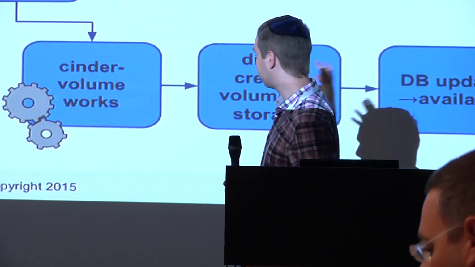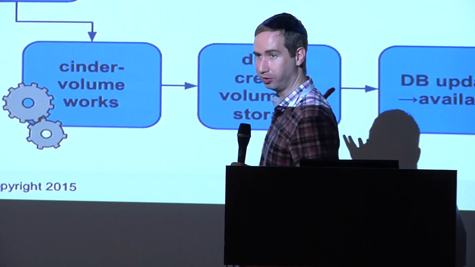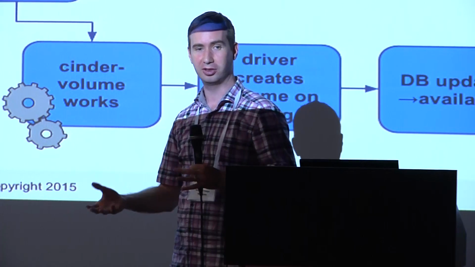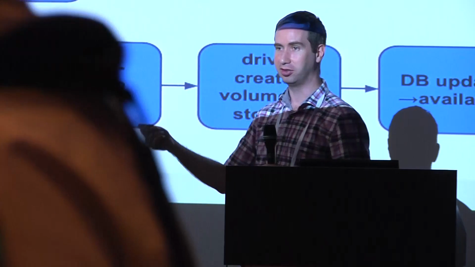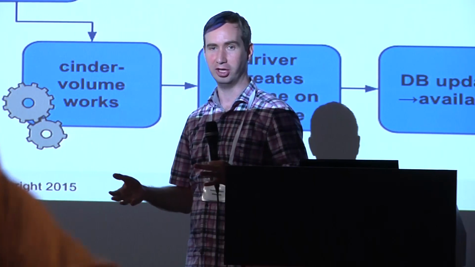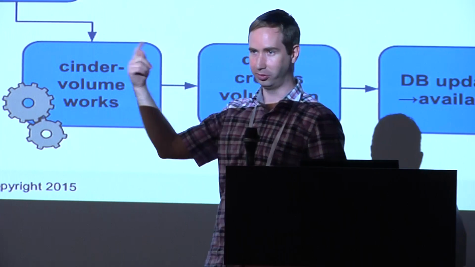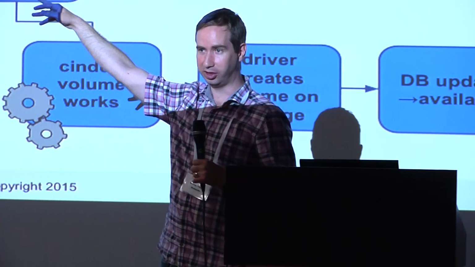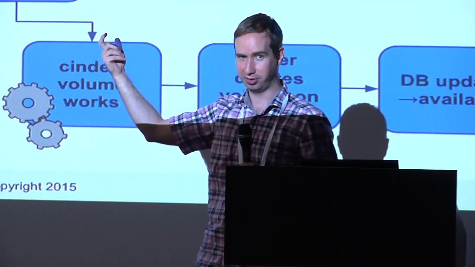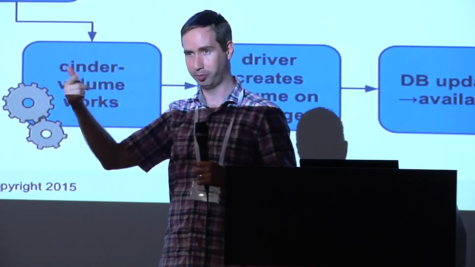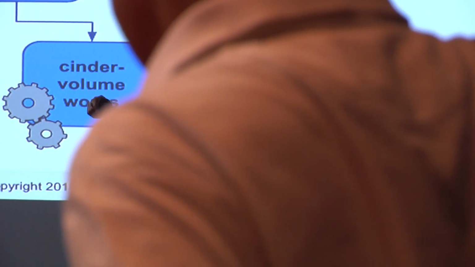Then it goes back to Cinder, the generic part of Cinder Volume, which will finalize things and then update the database to say this volume state is now available. And then the user who received the ID at the beginning of what the volume's ID is can poll, do volume get. Okay, he sees it, it's available, great.